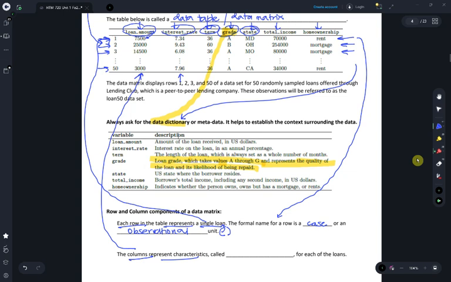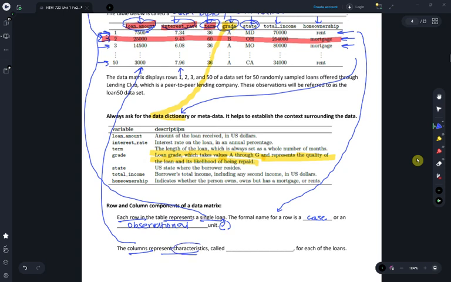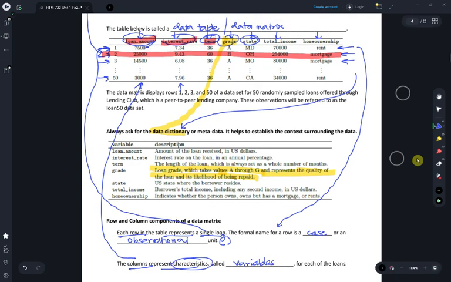So for loan number 2, for instance, the first characteristic is the loan amount, which is $25,000 at an interest rate of 9.43%, expected to be paid in full back in 60 months and so on. So each column there represents characteristics of that loan, and they're called variables. So in a nutshell, a data table is a two-dimensional structure where the rows are otherwise called observational units and the columns are called variables.